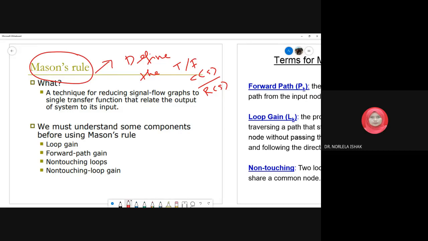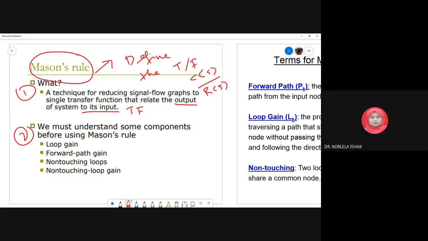First, what is Mason's rule? A technique for reducing signal flow graph to a single transfer function that relates the output of the system to its input. Meaning dia nak define transfer function lah. Output over input. This is a transfer function. This one, number 1.